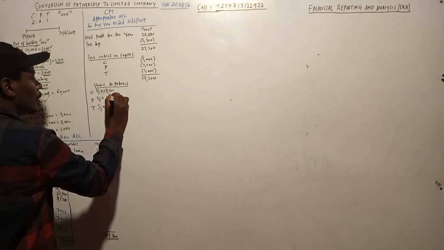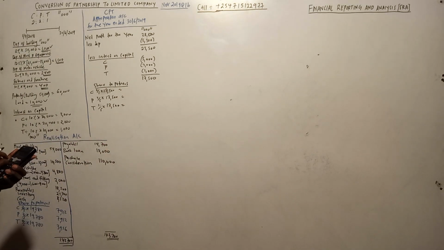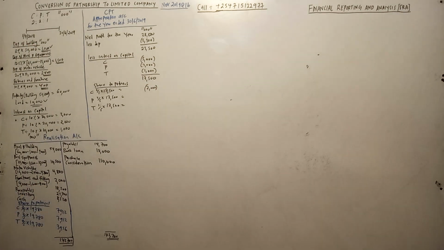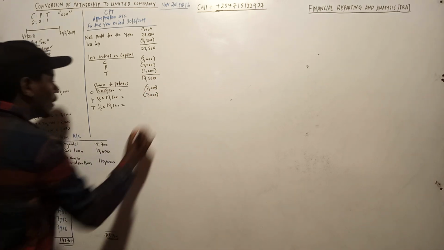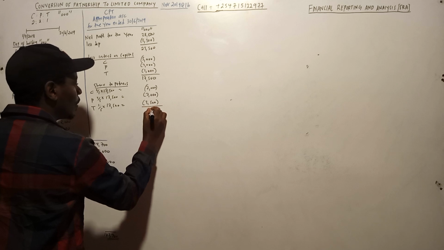So 2/5 times 17,500 is 7,000, and the other 2/5 is the same amount, 7,000. Then the last one is 3,500, so that we have a nil balance.